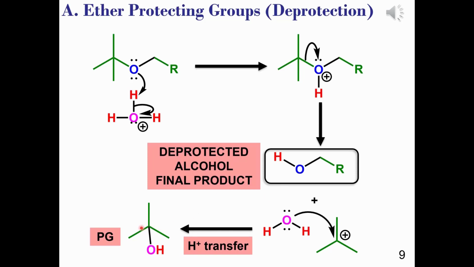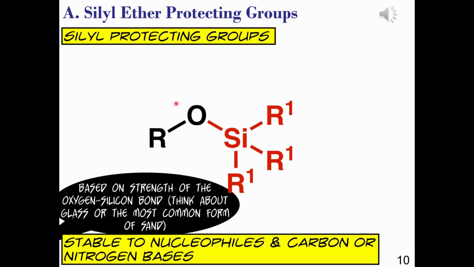The method that we have just seen involves the use of acid and heat, and these are both quite harsh conditions in the organic chemistry world. Therefore, it's possible to achieve a deprotection method using much milder conditions, but for this, a different type of protecting group strategy is employed. Let's now meet the silyl ether protecting groups.